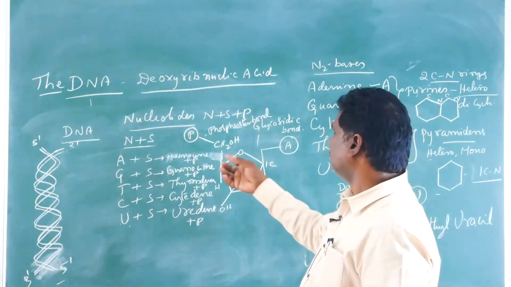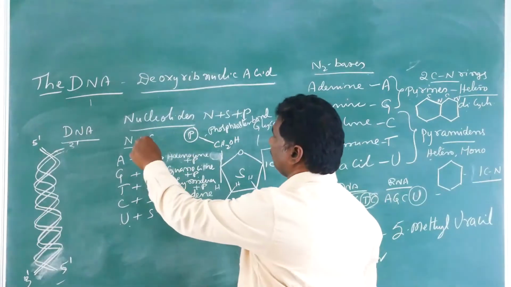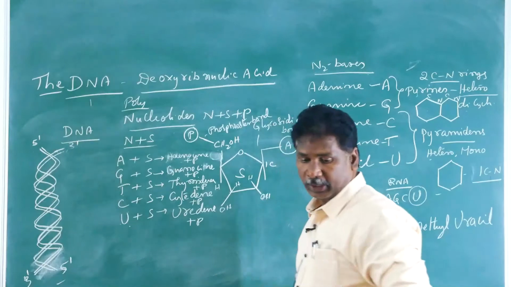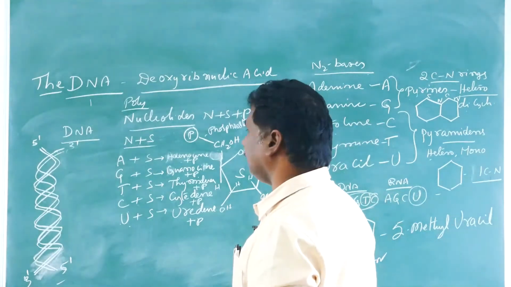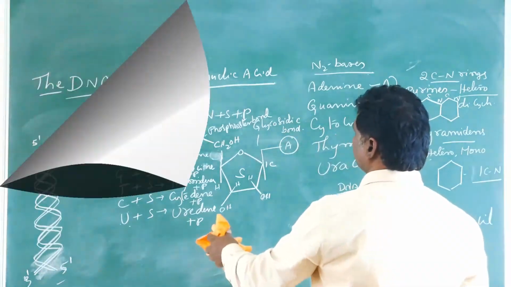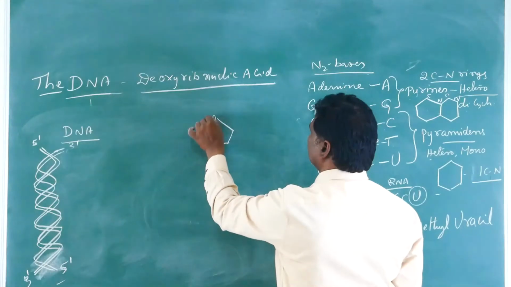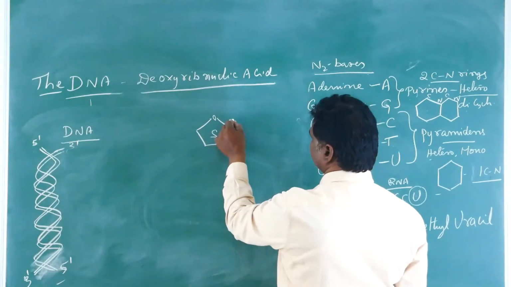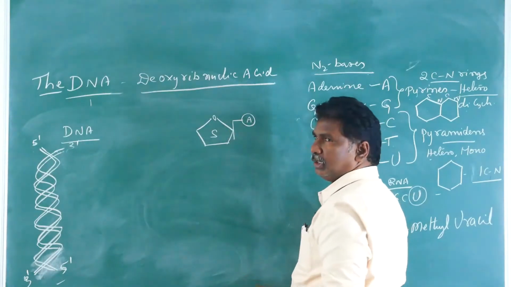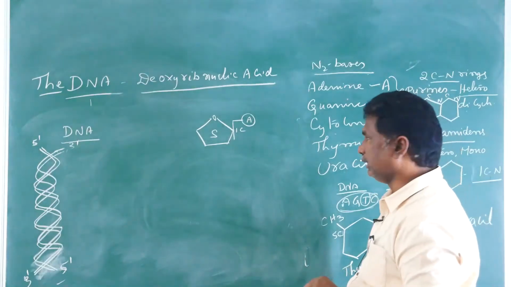Remembering once again, these form a nucleotide. But now remember the polynucleotide. Polynucleotide means many nucleotides. So this is the sugar. The nitrogen base, for example adenine, is always attached to the first carbon atom by a glycosidic bond.